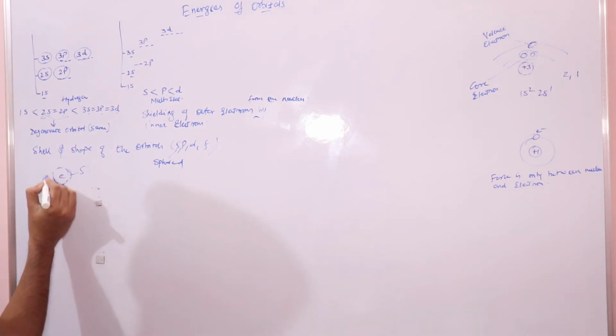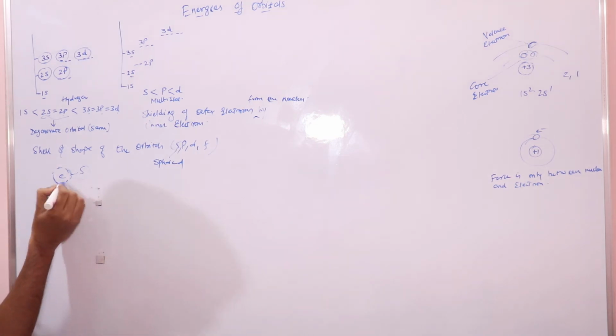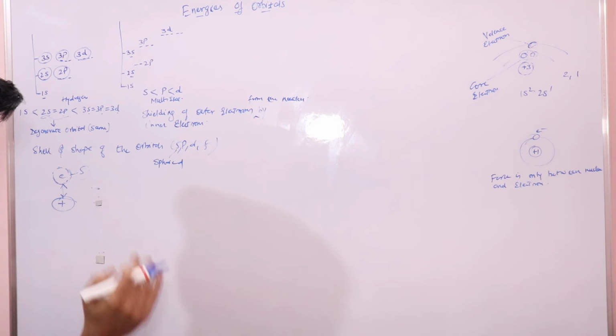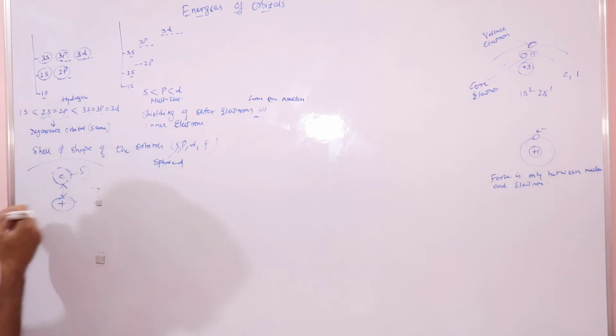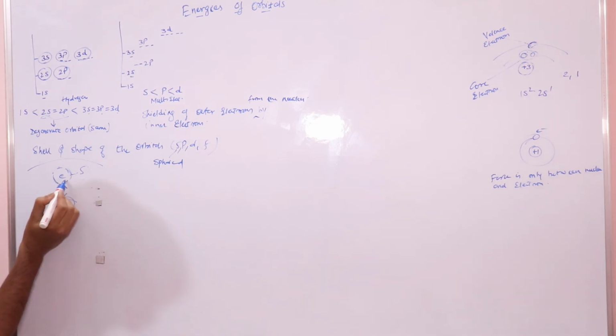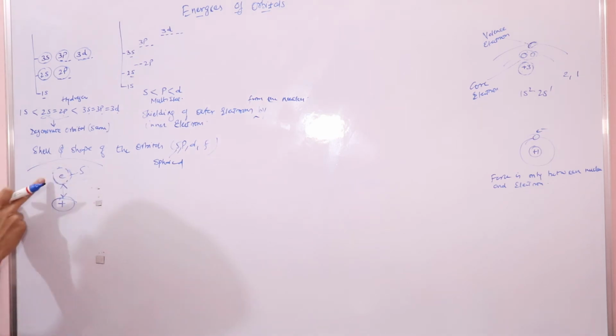Since this s orbital is close to the nucleus, the electrons present in the s orbital will shield the outermost electron maximally from the nucleus. The shielding effect of electrons in the s orbital is maximum because it is closest to the nucleus, and so the energy of the s orbital is minimum, right?